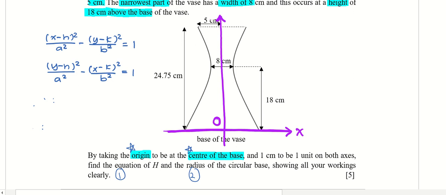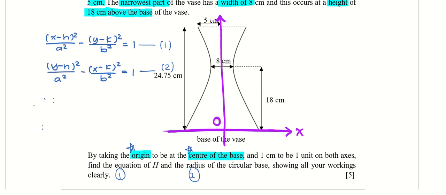With this information, let's see whether we can decide which equation to use. Let's take a look at equation 1 and equation 2. What's the difference between the two? Can you see in one of them x is positive, and in the other y is the one with the positive? Recall the one with the positive will tell you the direction of your graph.